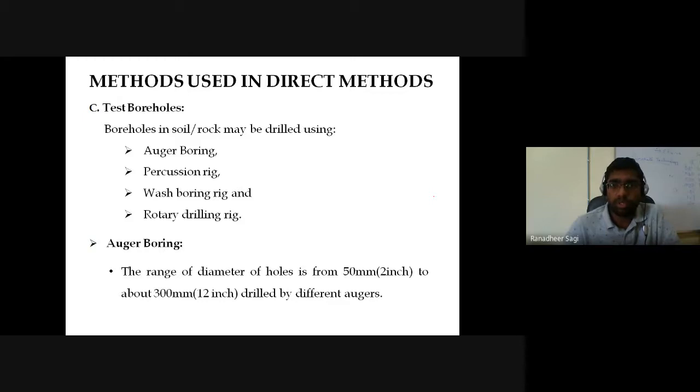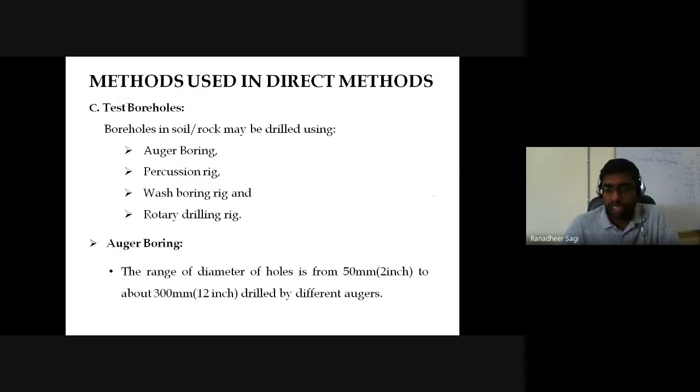We'll make boreholes into the ground by different methods depending on the type of soil, and accordingly we'll be collecting soil samples, either in disturbed or undisturbed state, which can be used in our lab for determining the corresponding properties of the soil.